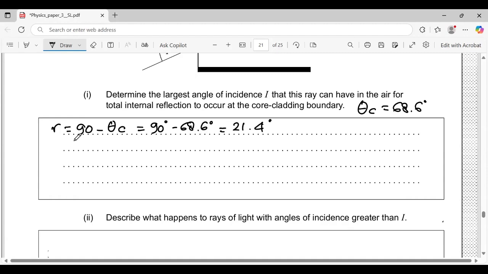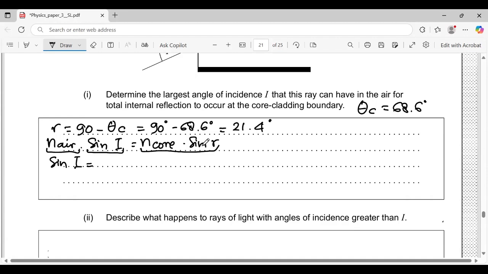After that, we're going to apply Snell's law: n air times sine I equals n core times sine R. If we're going to find sine I, sine I becomes the subject: n core times sine R divided by n air.